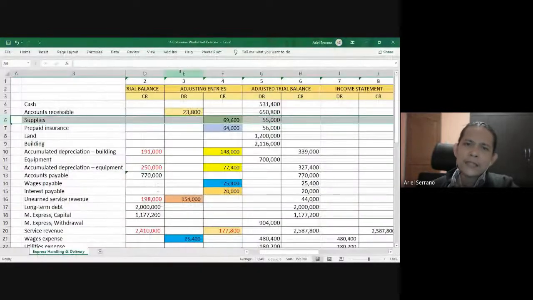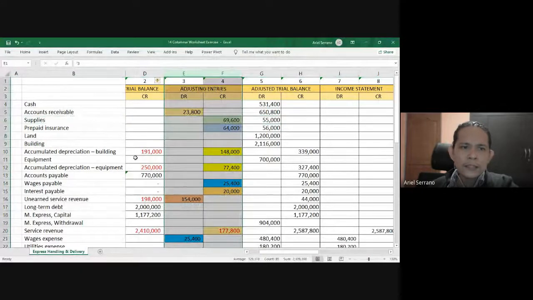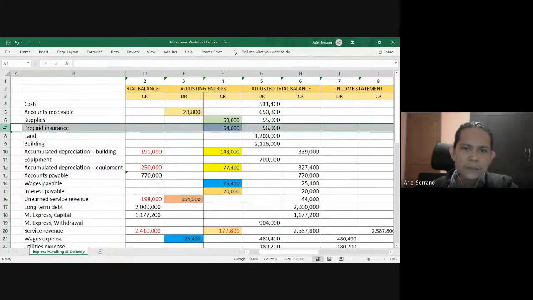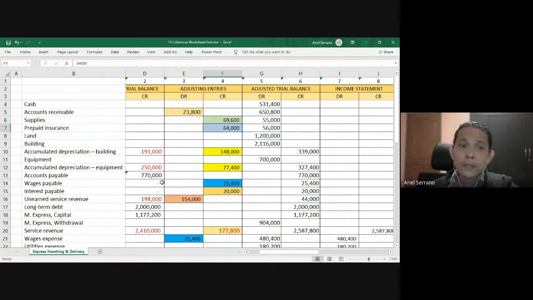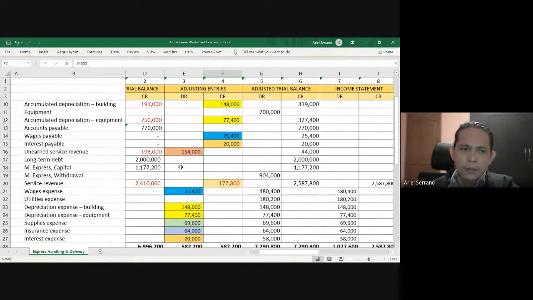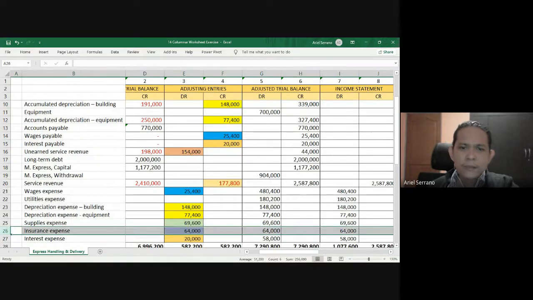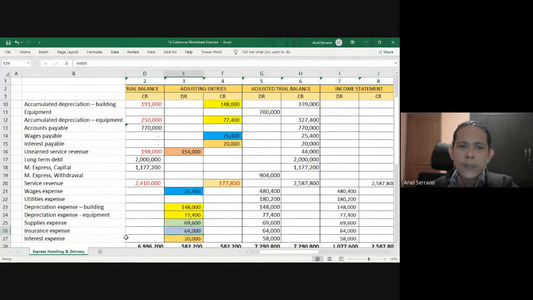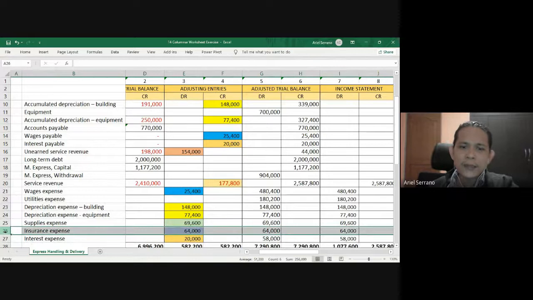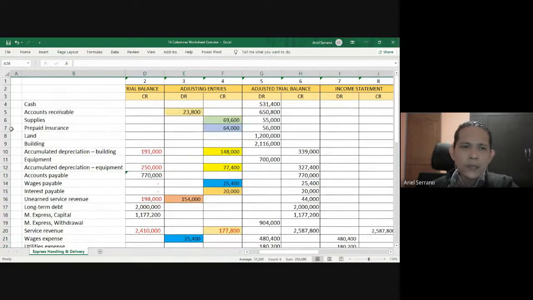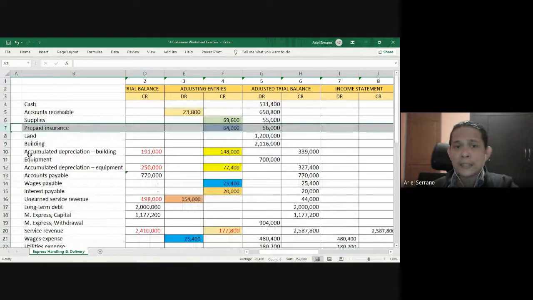Therefore, in your adjusting entries column, let's look at the prepaid insurance. There is a credit here for the amount of 64,000 because we have to deduct the 64,000 from that amount, right? And let's go to your insurance expense for the debit portion. So we debit insurance expense, 64,000, and we credit prepaid insurance.